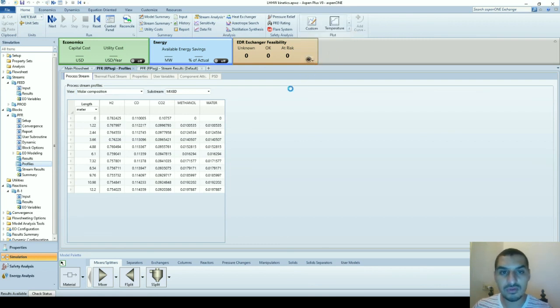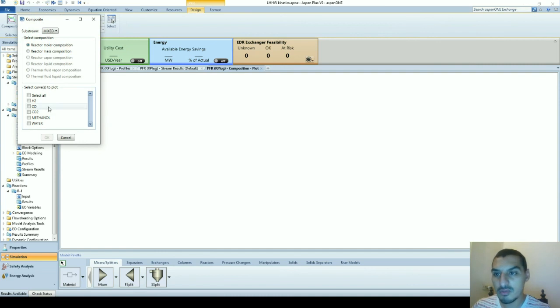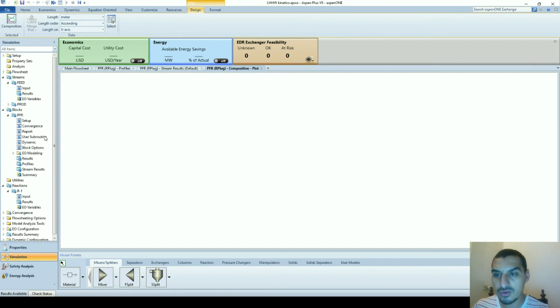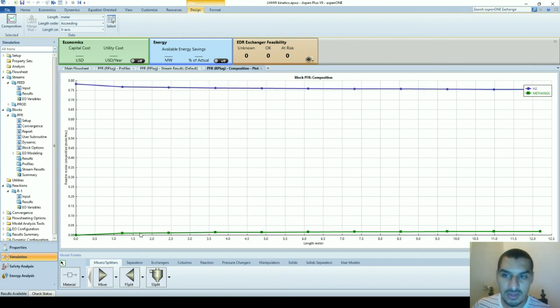And now if we take a look at the profile for methanol and for hydrogen, one of the reactants and one of the products, it seems that there is some consumption and some production, and it seems that the rate of reaction is not very high. So maybe it's better to change the conditions of the reaction.